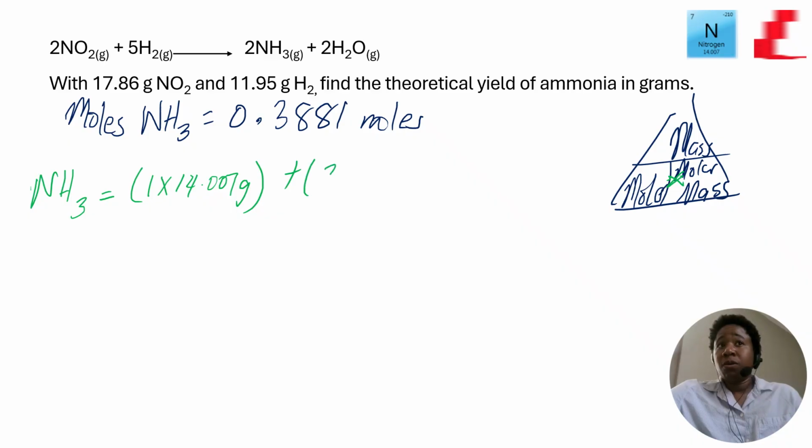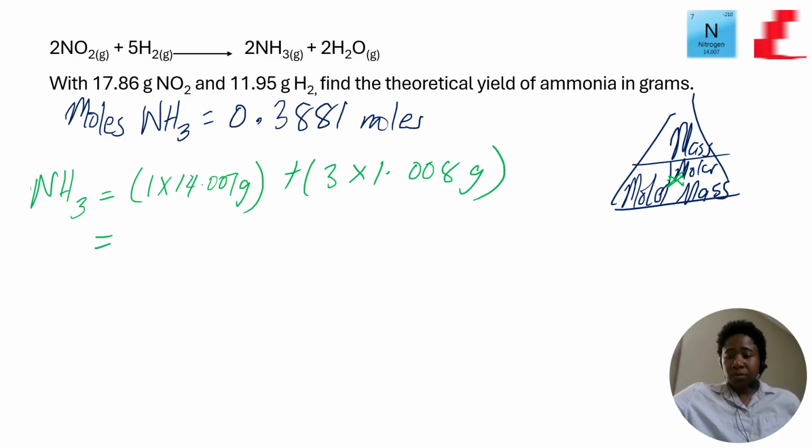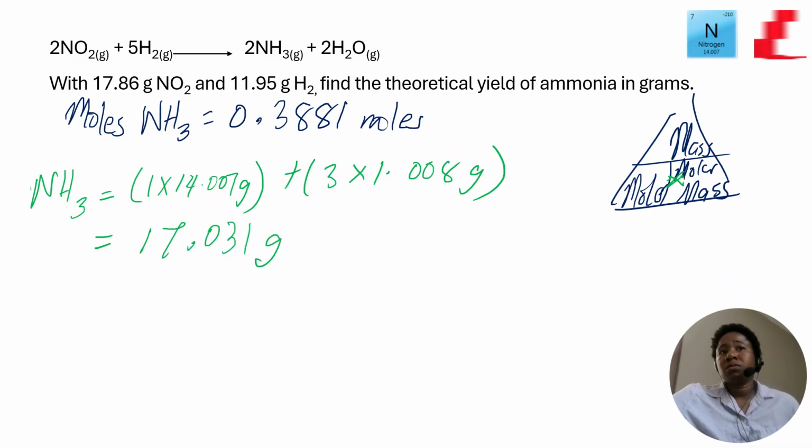We have 3 moles of hydrogen, 1.008 grams. So when we do our math, we get 17.031 grams, and that's the molar mass of our ammonia, grams per mole.